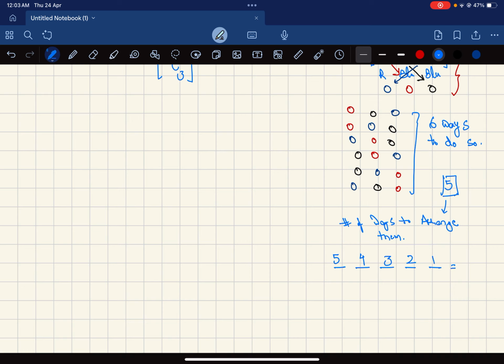Now this will always come out to be the factorial of the total number of colors we are trying to arrange. So we can write it in a generalized way now. The number of ways to arrange n items is given as n factorial.